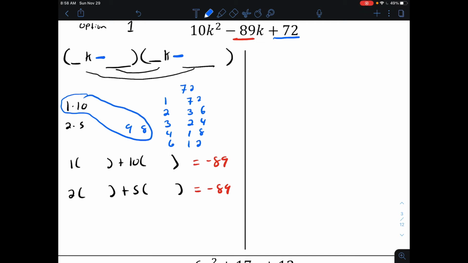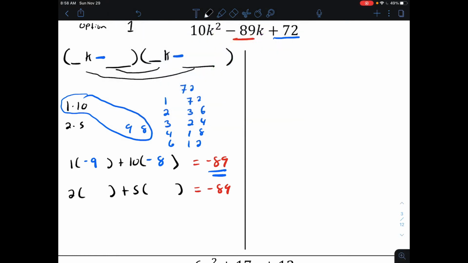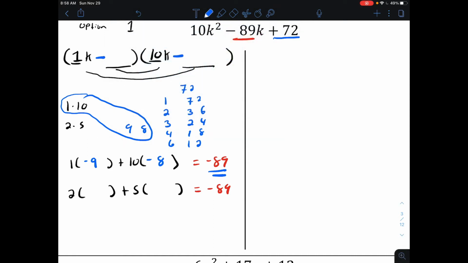If I multiply 1 by negative 9 and 10 by negative 8, they will add together to make that negative 89. So I need to have a 1k and a 10k, and then the 1 multiplying to negative 9, and the 10 multiplying to negative 8, and so we have our factored form.